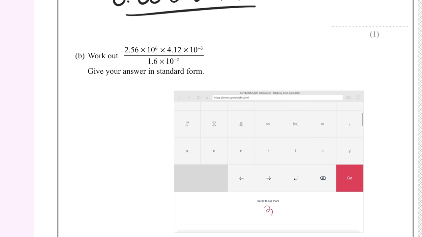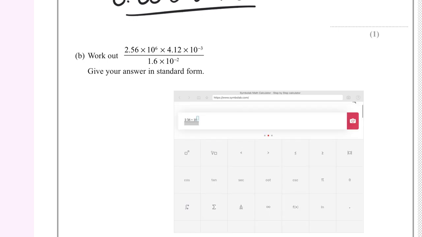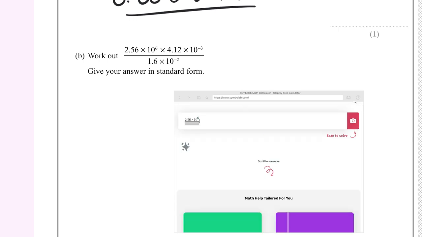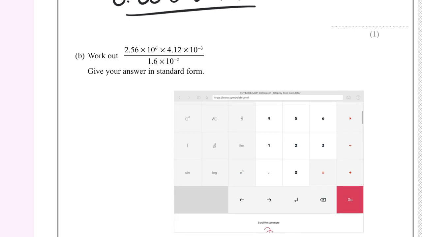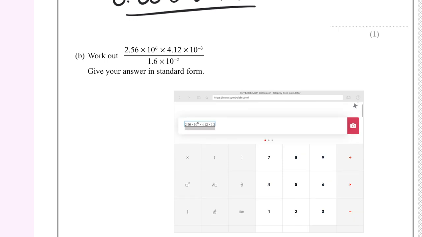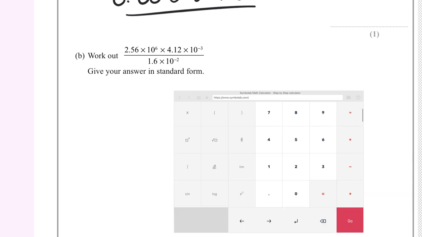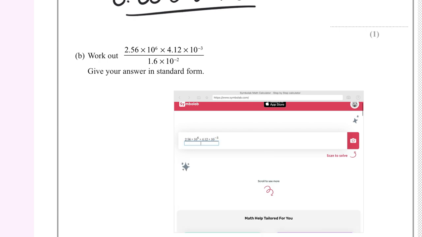My apologies, you lot. Then we're carrying on, so we need to jump back down, times 4.12 times 10, and again, I'm getting the powers back out, to the power of -3. You might have a slightly different negative sign, that's fine.